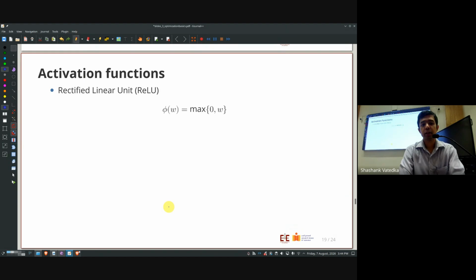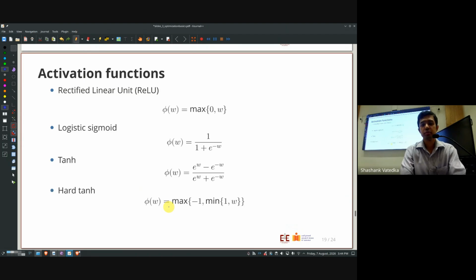So here are some activation functions that we'll commonly encounter. Again, for each of these activation functions, I'd like you to find whether they are convex or concave or neither convex nor concave. One is the ReLU function. The other is the logistic sigmoid, tanh.